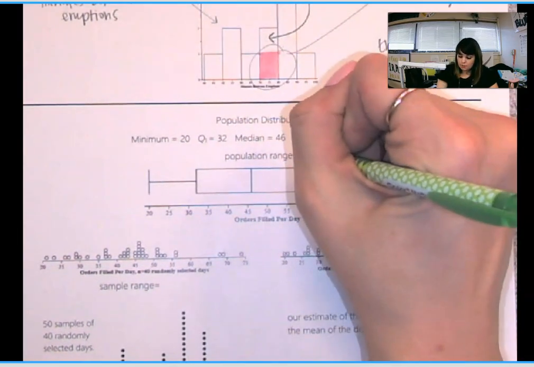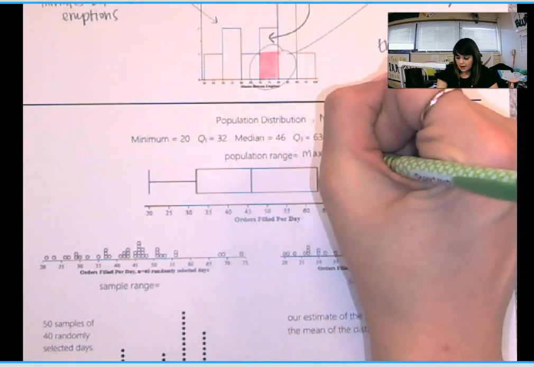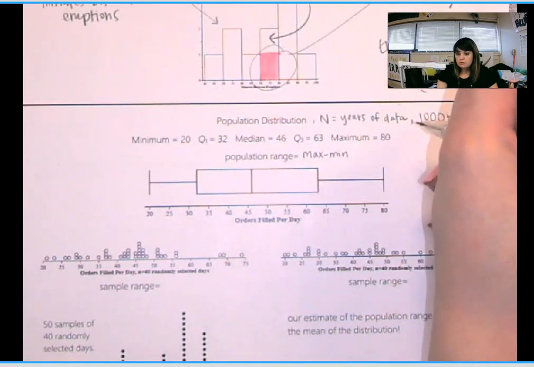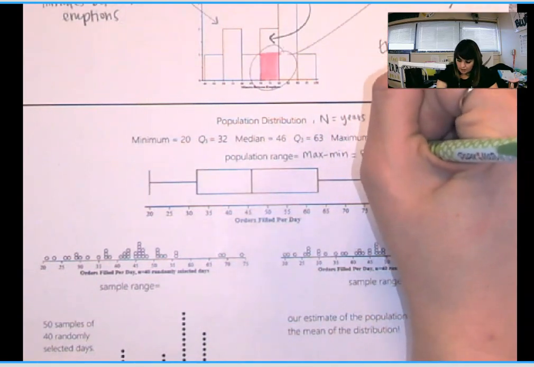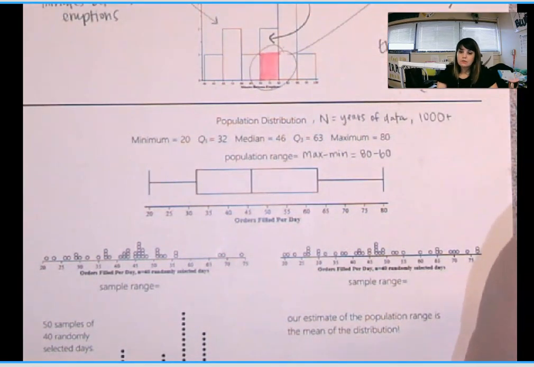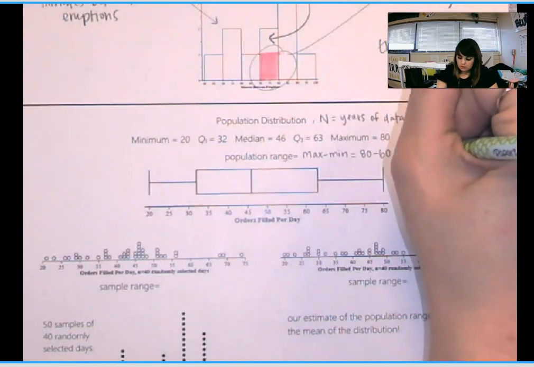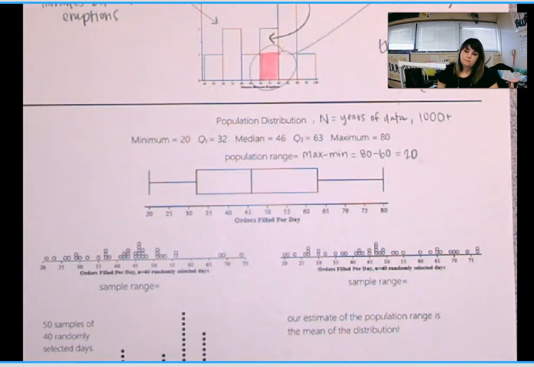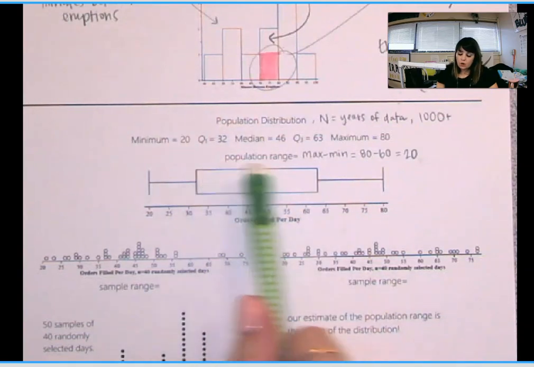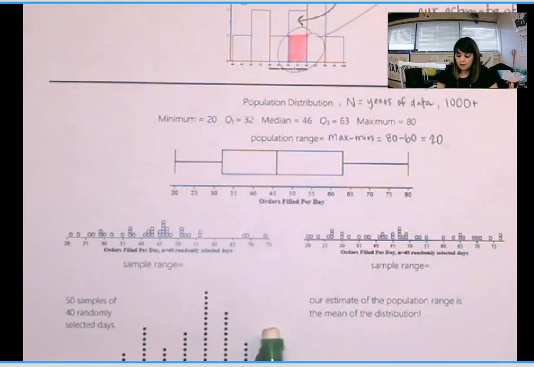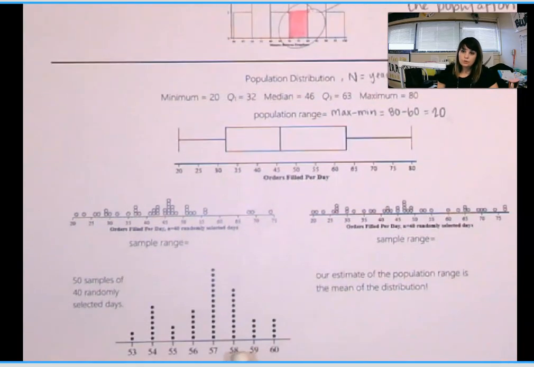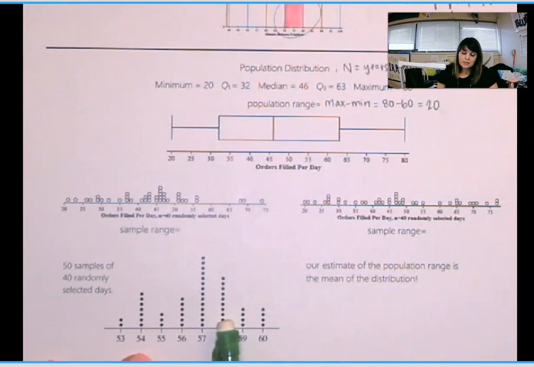So that's your max, subtract your min, which is equal to 80 subtract 60. That is 20. We only know the population range so that we can compare it to our estimate that we get from the sampling distribution.